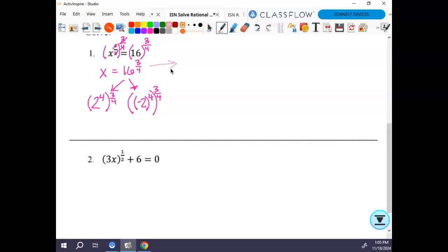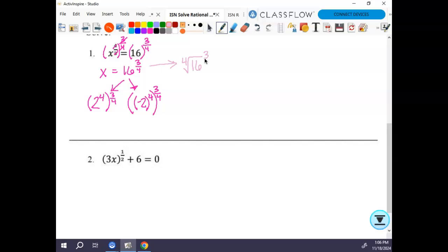But I can rewrite this, make sure we agree, as the 4th root of 16 to the third power. Do you agree that that is the same thing? Those are the things that I could rewrite. Now, if I do it that way, I clearly see that I am taking an even root, and that's why you get the plus or minus, because if we take the square root and we introduce that, we get plus or minus in there.